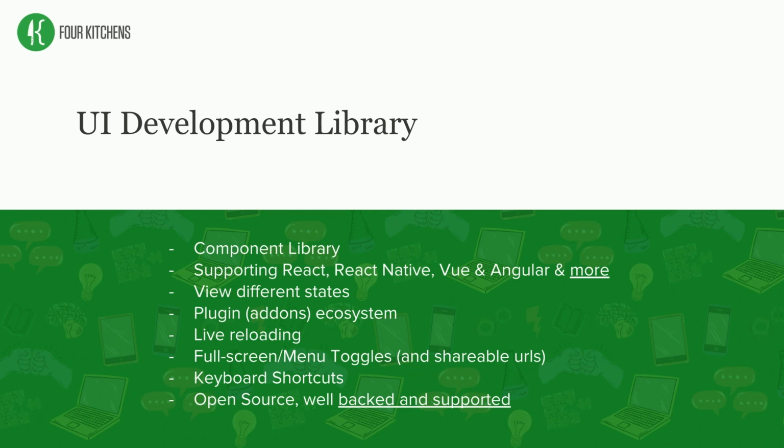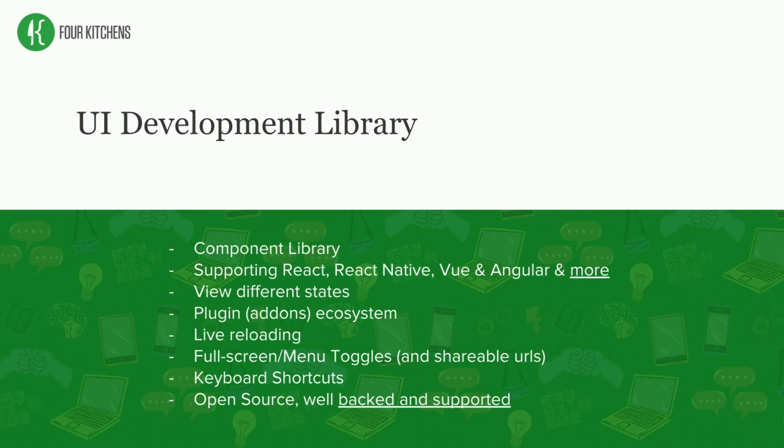It kind of lives in that strange place. Are you a pattern library? Are you a style guide? It's kind of weird language. So they use that term UI development library. And basically it covers this. It's a component library. In terms of the languages that it supports, those are listed there. We're going to be talking specifically about React.